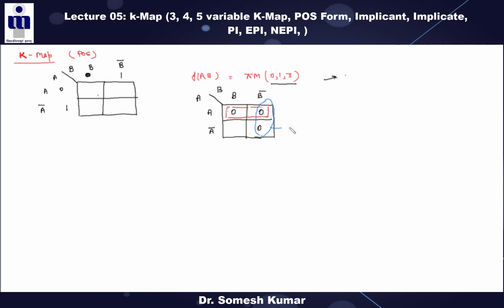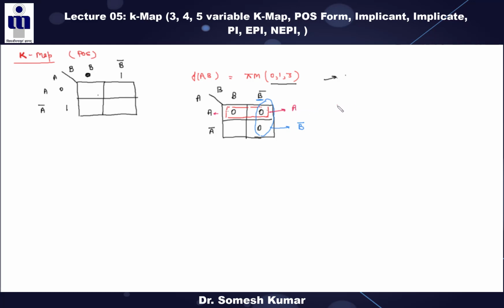From the second pair, what is the expression? Which term is common here? This B bar is common, so B bar. And from this red pair, which one is common? This A is common, so A. What is the final minimized expression?